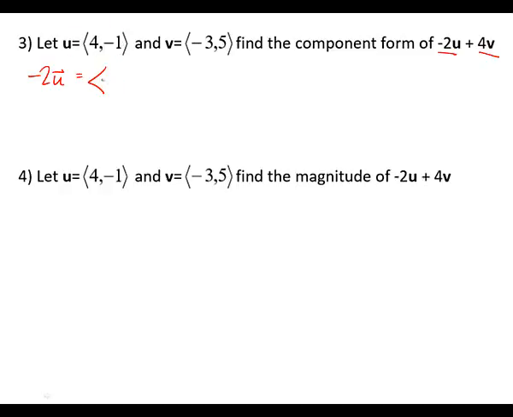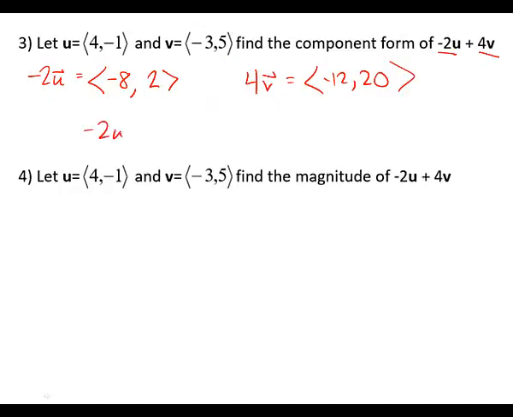So what 2 numbers would I get? Negative 8 and what? 2. And then if I do 4 times vector v, what do I get for 4 times these 2 numbers? 20, right? Okay. Then I have to add these 2 vectors together.